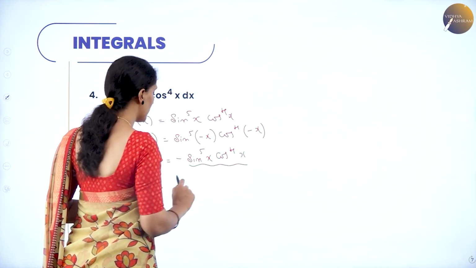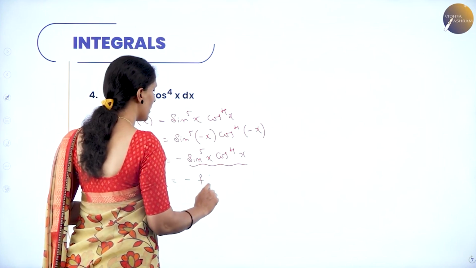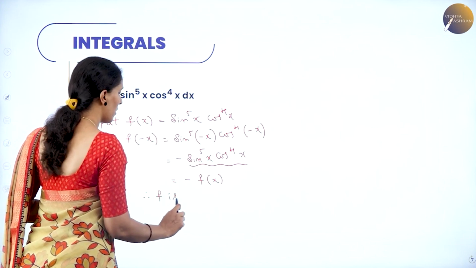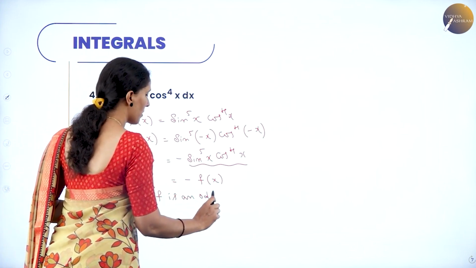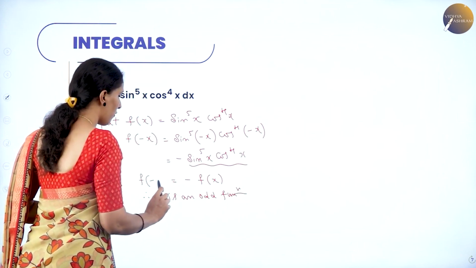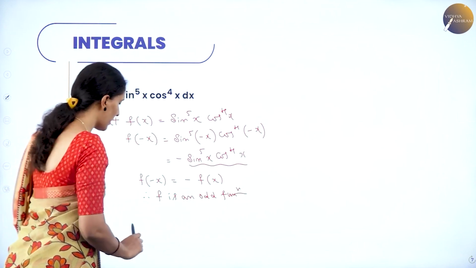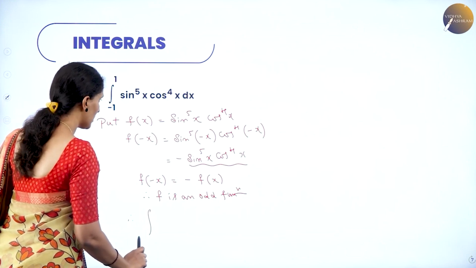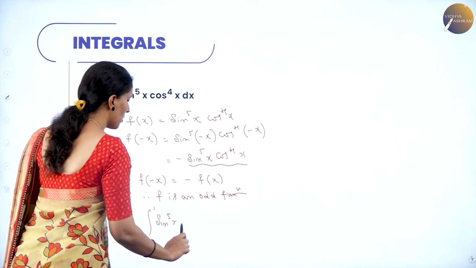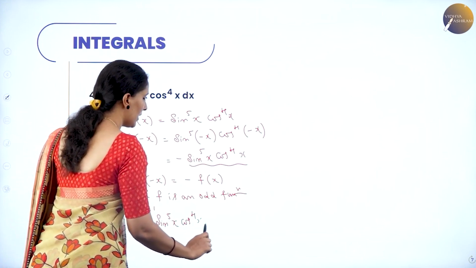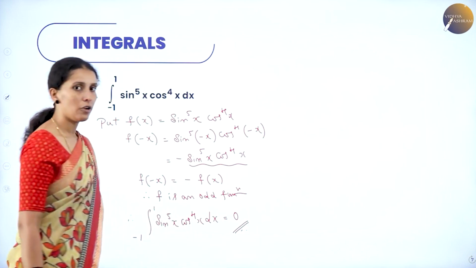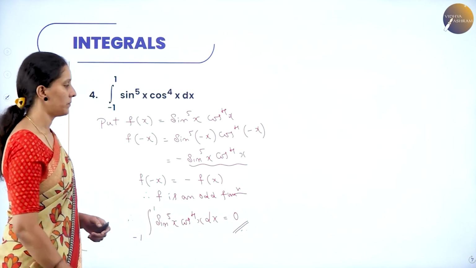Now this is minus f of x. So again f is an odd function, because we got f of minus x is equal to minus f of x. Therefore the value of the integral from minus 1 to 1 of sine power 5x cos power 4x dx is 0.